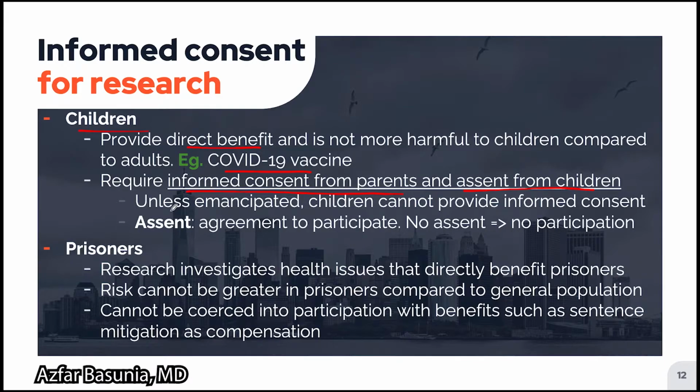Remember, unless children are emancipated, children cannot provide informed consent. An assent refers to an agreement to participate, and if children provide no assent, then they should not participate in the research.